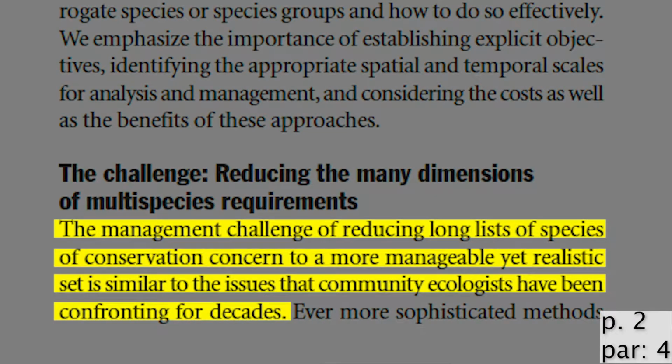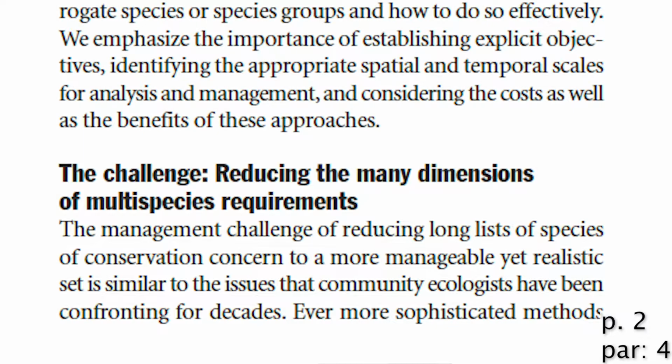The management challenge of reducing long lists of species in need of conservation to a more manageable yet realistic set is an issue that ecologists have been confronting for decades. This strategy is visualized in Figure 1.